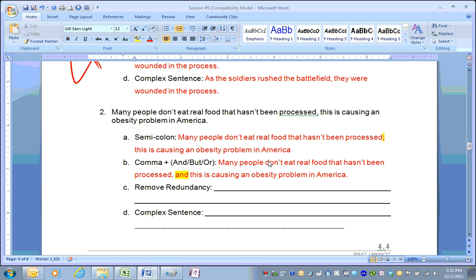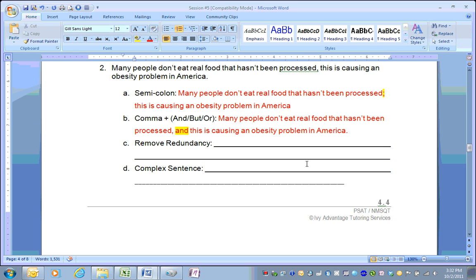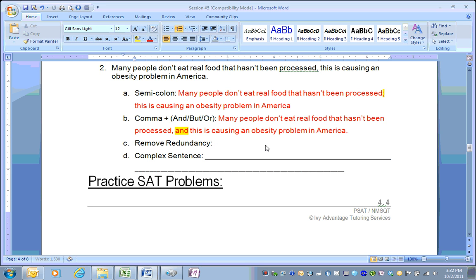No. Processed means it's not just straight from where it's from. Like artificial sugar, yes. I know if you go to McDonald's, a lot of that seems kind of processed. I don't know. Anyway, let's keep going. It's not a nutrition class.